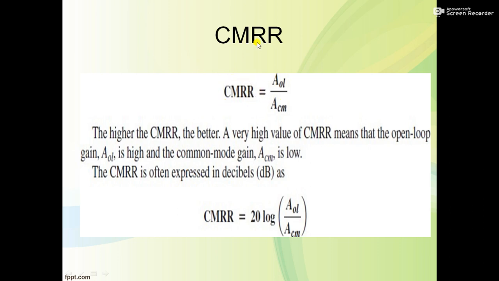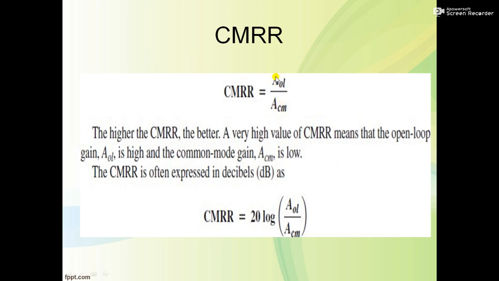Common mode rejection means what? Whatever the common mode signal produces as a difference output voltage, to reject that difference output voltage at the output stage, we are using one ratio, AOL divided by ACM. It is the differential gain divided by the common mode gain.